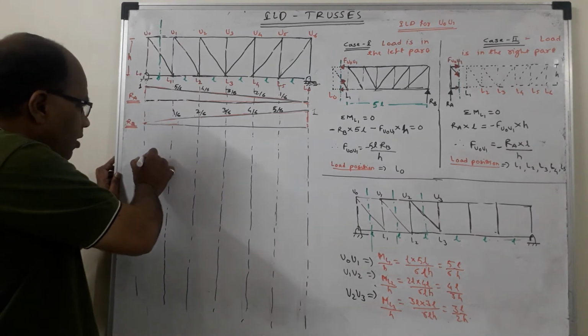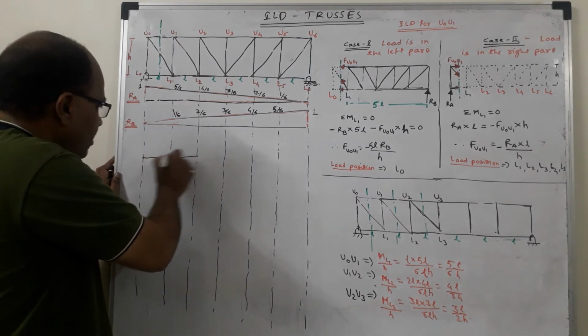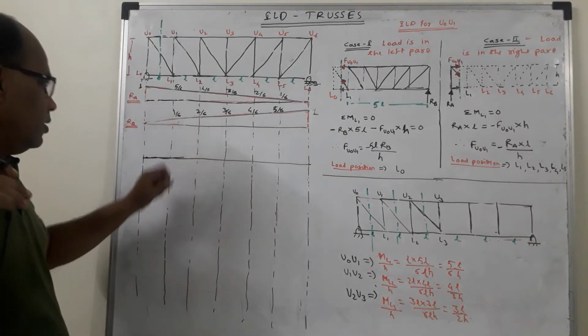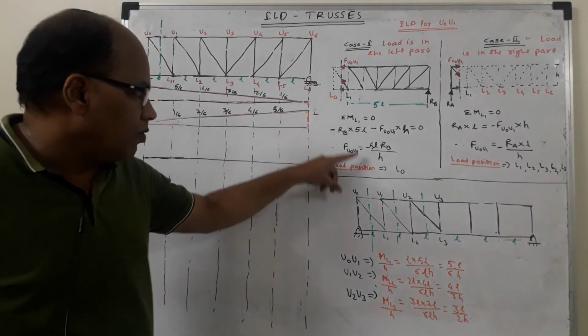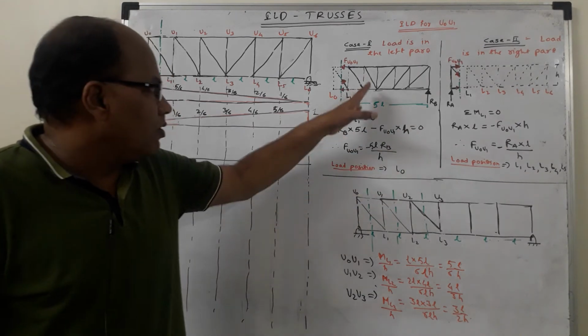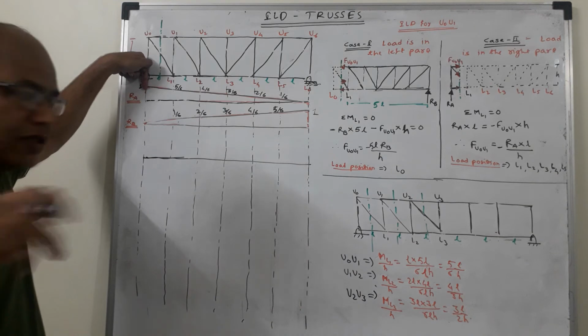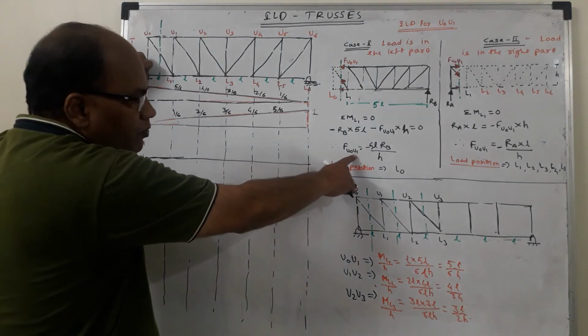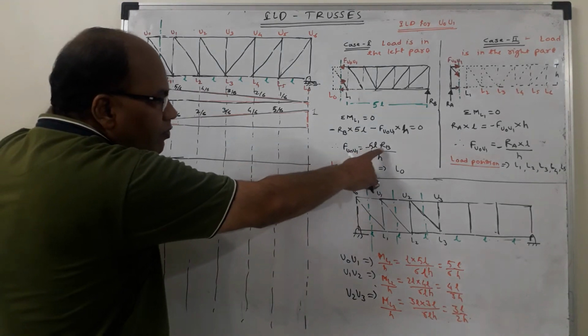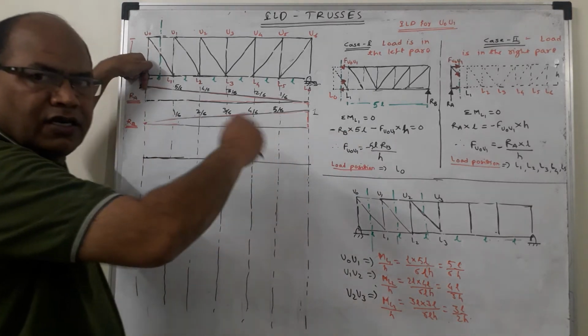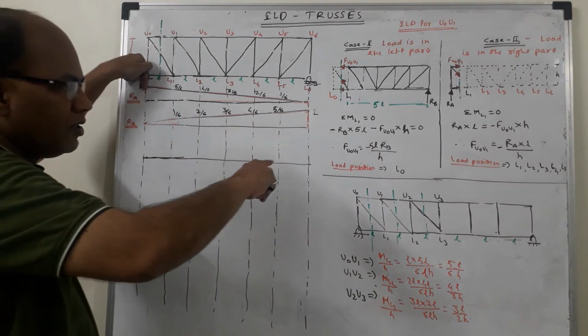So draw a baseline first. I am drawing the baseline, that horizontal baseline. Now when the load is at L0, the load is in the left part, so L0 means the load is over here. When the load is over here, F U0 U1 is equal to 5L into RB divided by H with positive sign because I have changed the nature of the force.